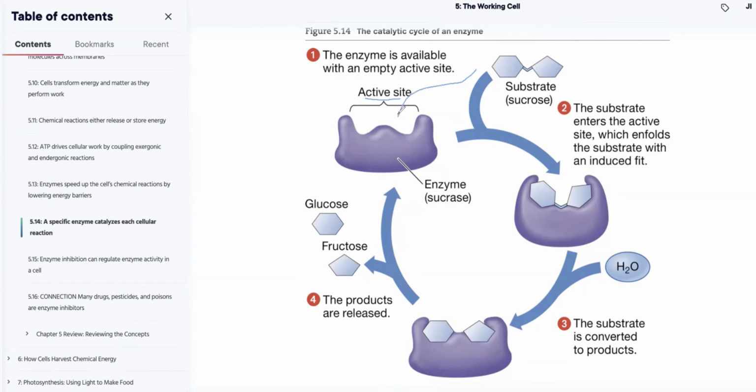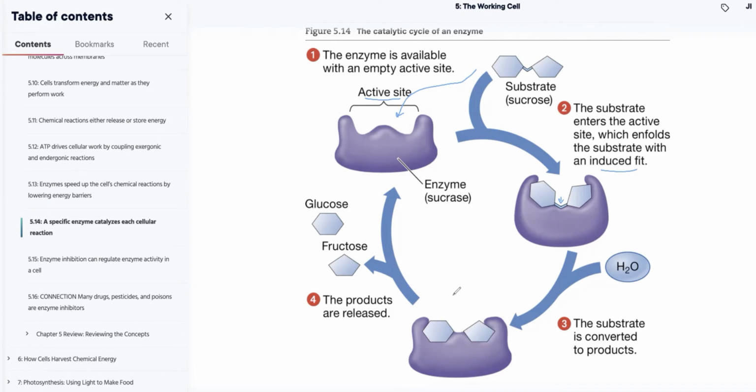The substrate is going to bind into that site. And once it binds, we're going to be creating this thing called an induced fit. Once the substrate binds, the enzyme is going to change its shape a little bit to cause this bond to become more accessible to the water molecules, which are then going to break that bond altogether, right?